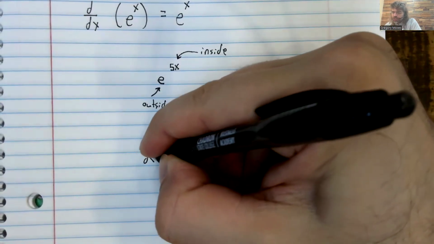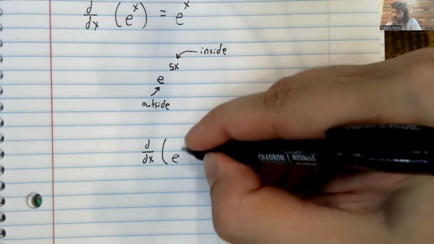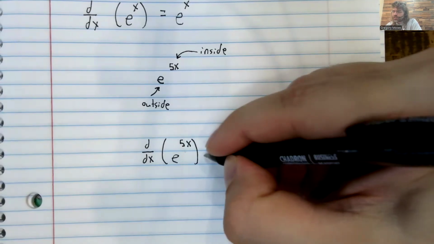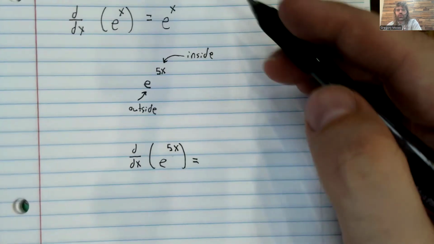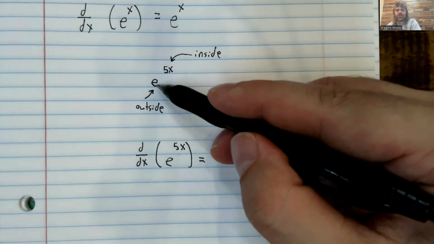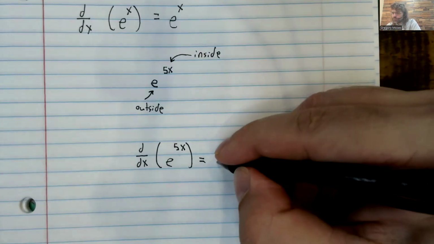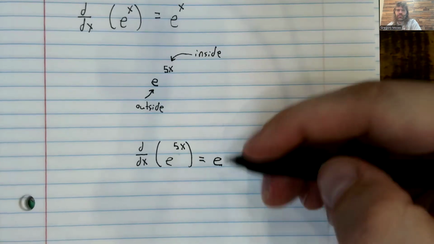So if we wanted to take the derivative of e to the 5x, what does the chain rule say to do? It says to take the derivative of the outside function. Well, e to the x is its own derivative.